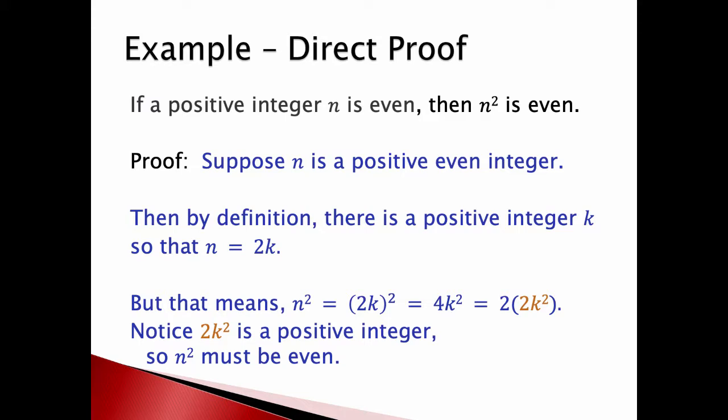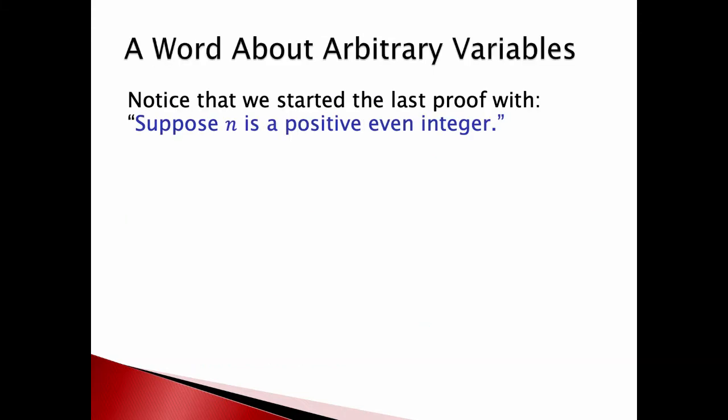Okay, one quick word about the n's and the k's and stuff that we've been using. So you notice that we started that last proof by saying, suppose that we have a positive even integer, we're going to call it n. So in doing that, we're assuming that p is true, that n is a positive even integer. That was what we were doing. But we also used a variable there, right?